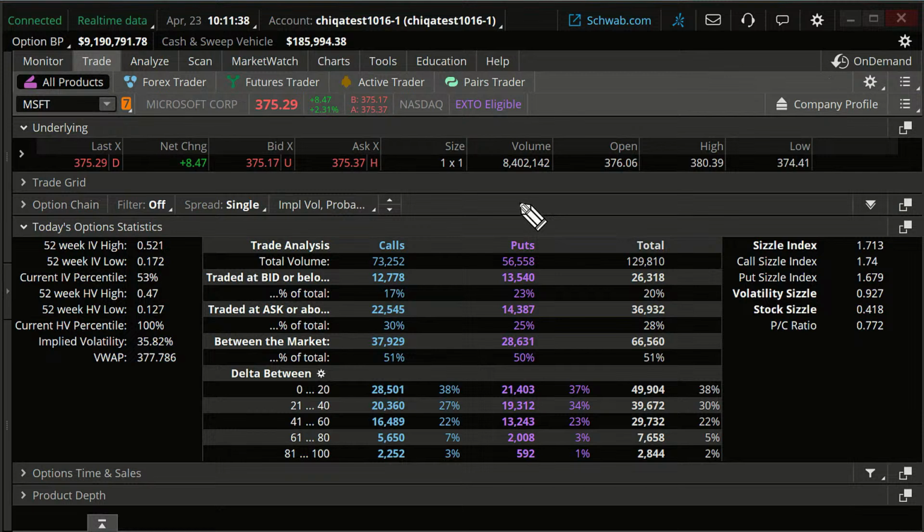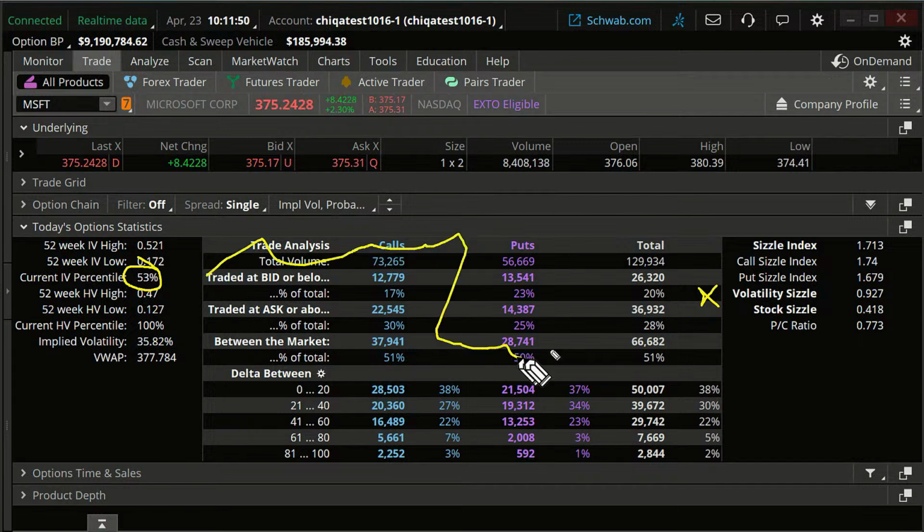Okay? So if our implied volatility is kind of mid-range, about half the time it's been above it and half the time it's been below it, then that's about where we're at there. That's what implied volatility percentile tells us. So that's a measure. That's a way of doing it.